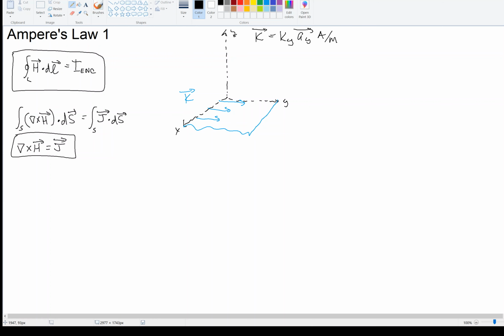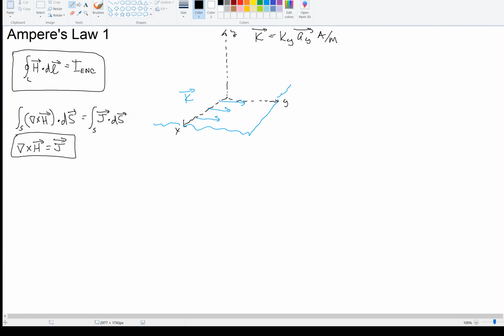Okay, so we're making a few assumptions here. The plane is infinite. This goes on forever, and we've oriented the plane such that the current is traveling in the y direction, and it's a uniformly distributed current. Now, in order to apply Ampere's law, you have to have some idea of what the magnetic field looks like due to your current distribution.